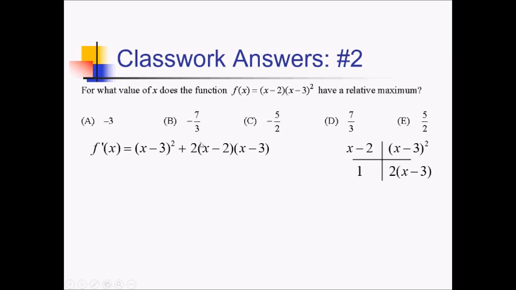And I want to figure out where this thing equals 0, solving for critical values. So I notice here that I can factor out an x minus 3. If I do that, what I've got left is another x minus 3, and also I have a plus some other stuff, plus 2 parentheses x minus 2.